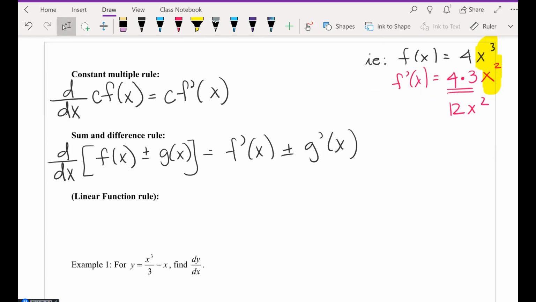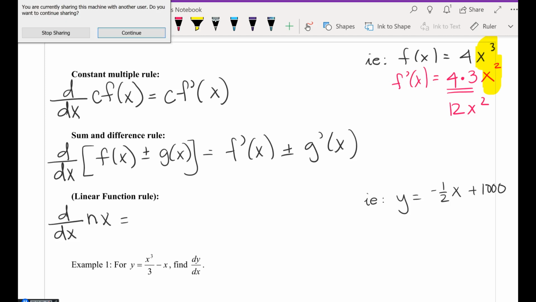Linear function. What degree is linear? 1. So d over dx of n times x. What do you think the derivative is? n. Okay, so let me give you a linear: negative 1/2 x minus or plus 1,000.